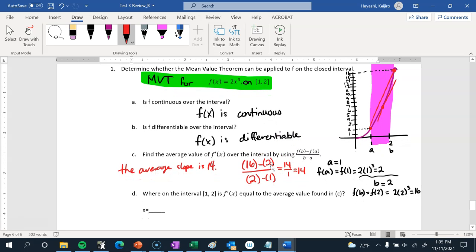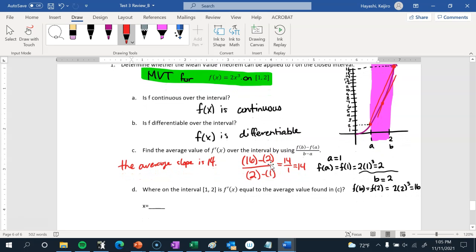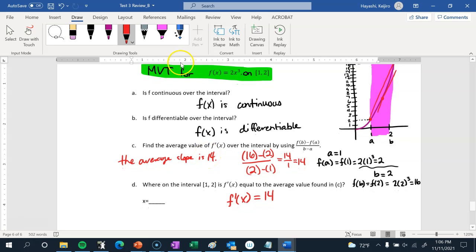And how we're going to find that place is we're going to take f prime and set it equal to that average slope. So we're going to take f prime and set it equal to 14. Now, if the original function f is 2x cubed, then f prime should be 6x squared, just from the power rule.